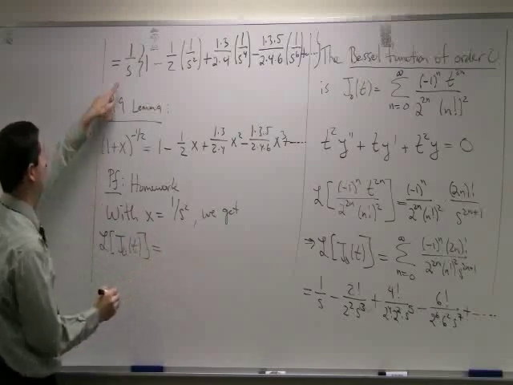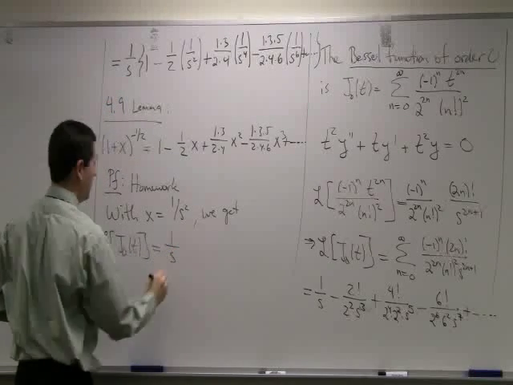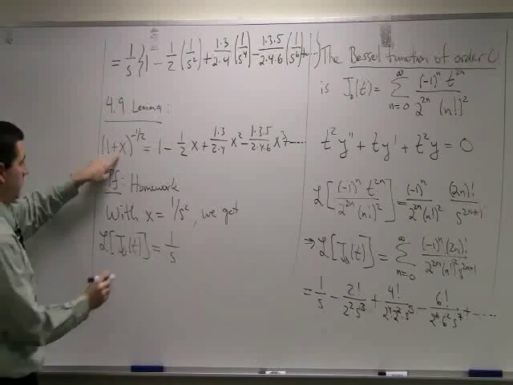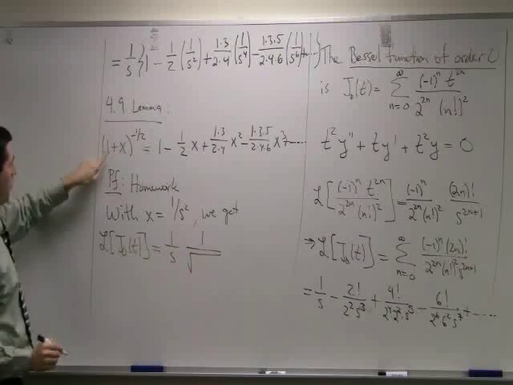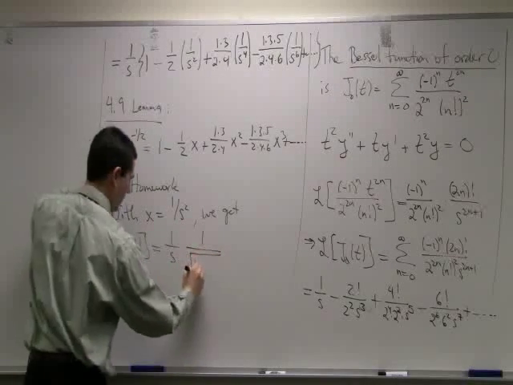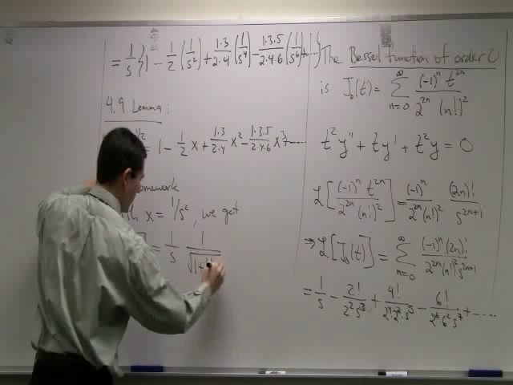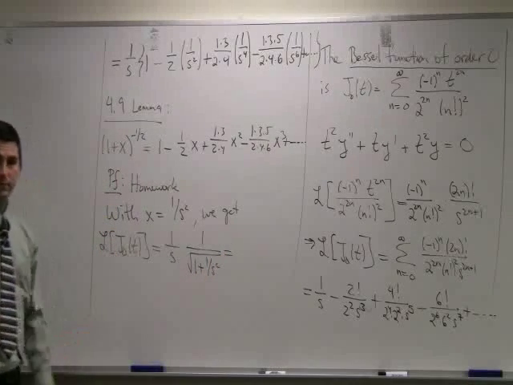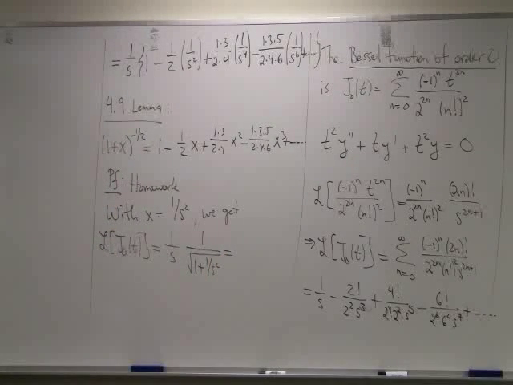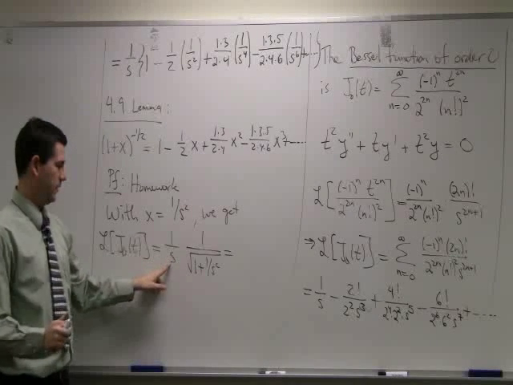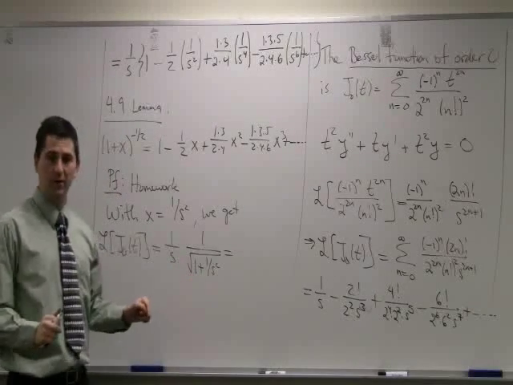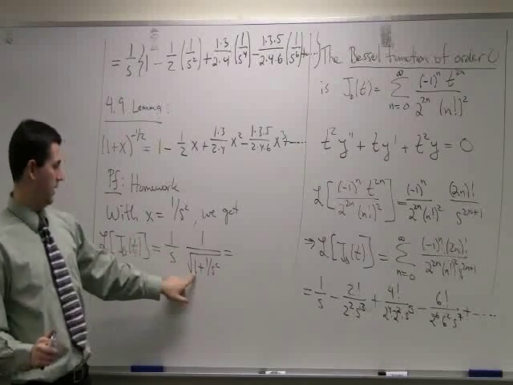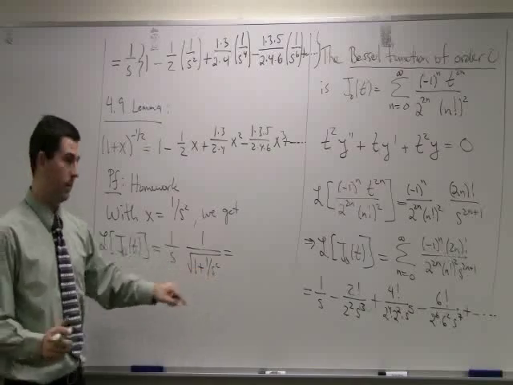And it's going to equal 1 over s times, okay, so this is going to be, if you like, 1 over the square root of 1 plus 1 over s squared. And if I move this s inside the radical, it turns into an s squared. And so I'll get s squared plus 1.